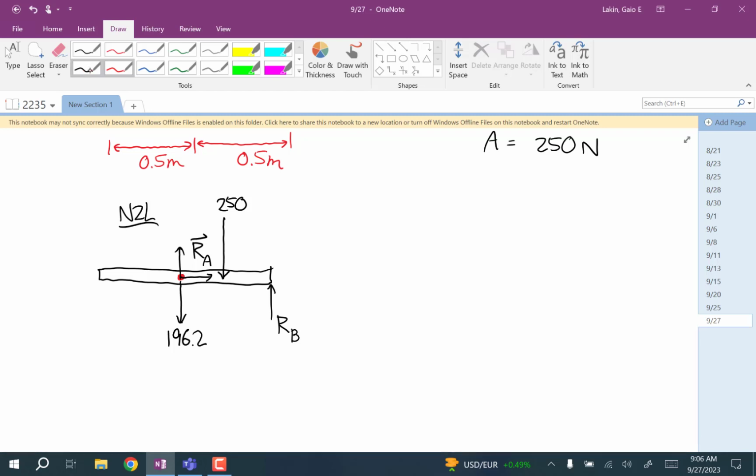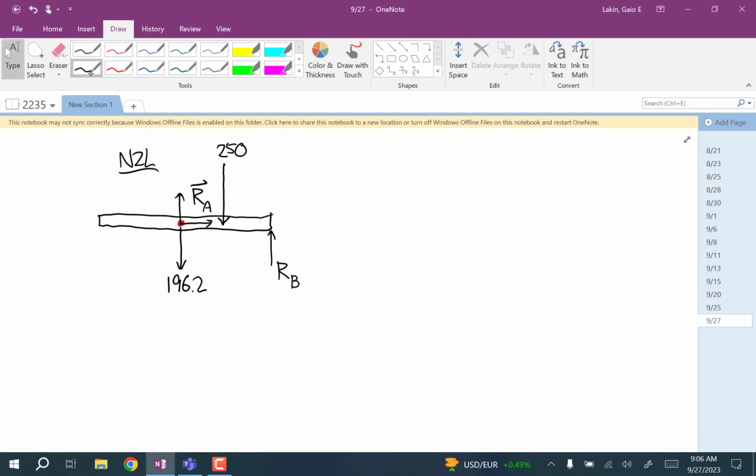I'm not going to write the table. I'm going to do Newton's second law, and then when I go to the moment equation, I'm just going to figure out the horizontal distance from the about point to where the force is applied. Then I'm going to think whether that moment would cause a clockwise or counterclockwise rotation to come up with the sign. It's a little more like probably the way you did it in physics. Okay, so Newton's second law.